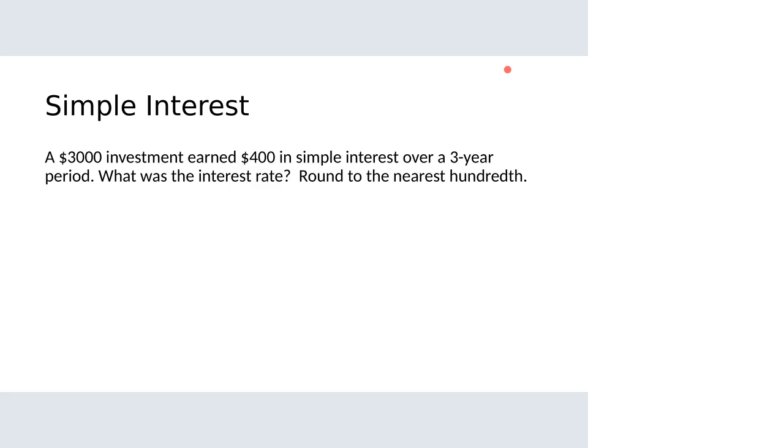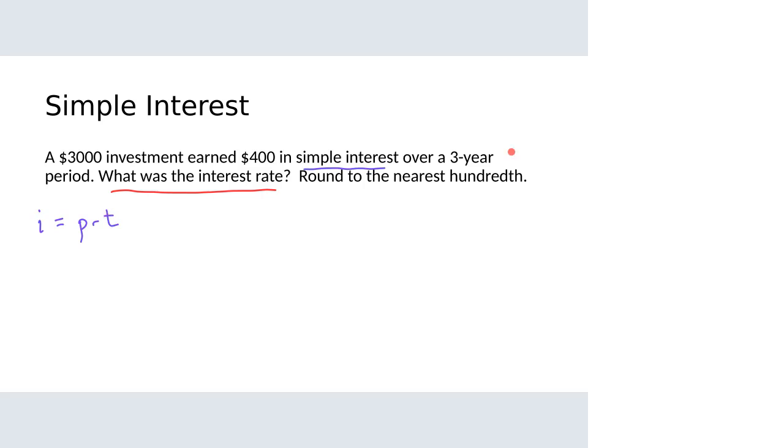So what's different about this one is now we're being asked for the interest rate. We read the problem. It says a $3,000 investment earned $400 in simple interest. That points me right here right away. Over a 3-year period, what was the interest rate?